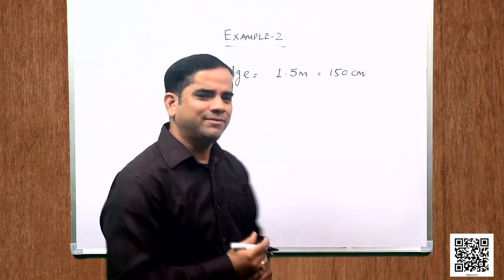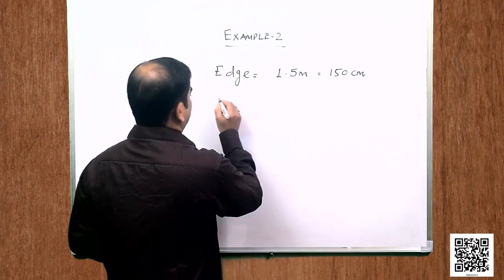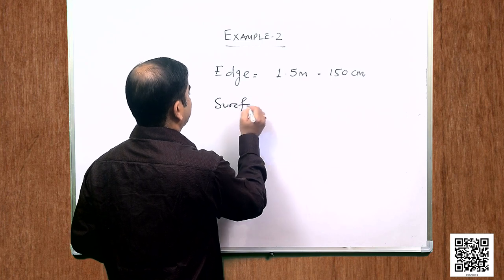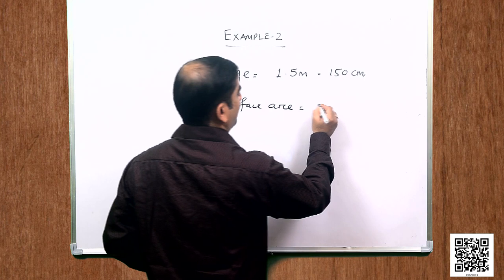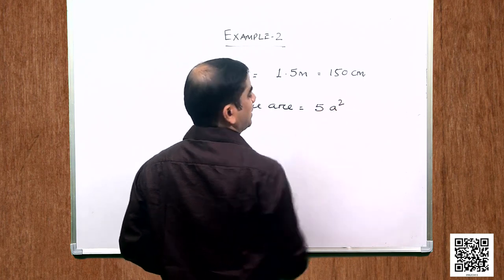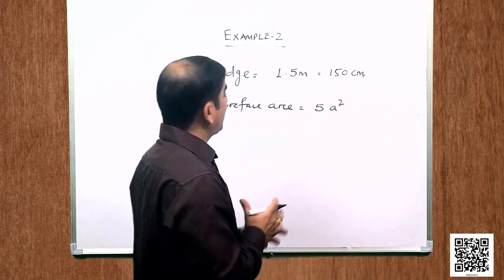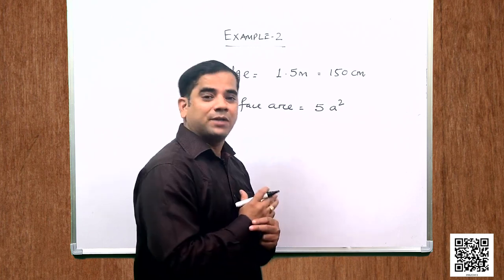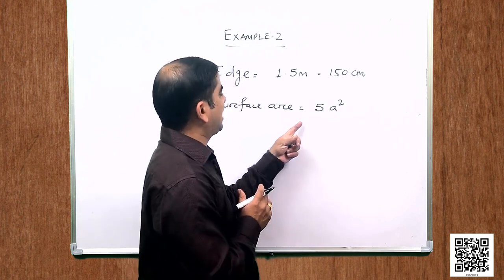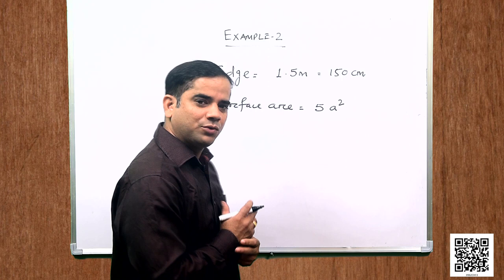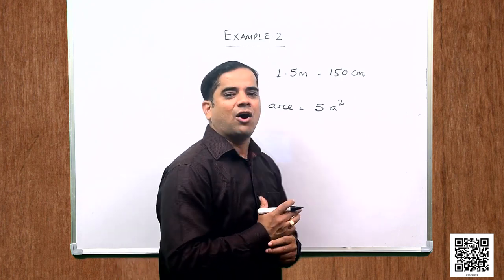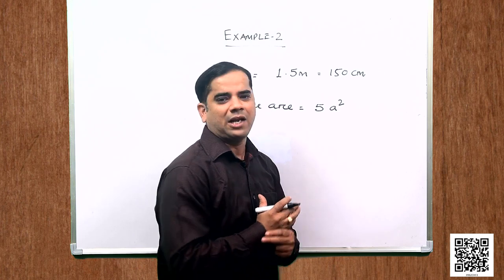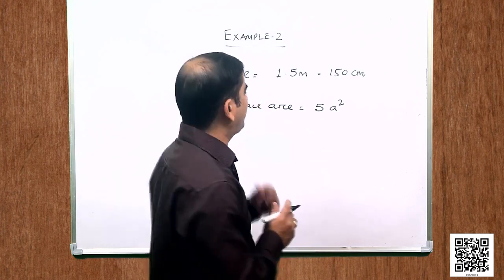Surface area of the tank is equal to 5a square, because we are going to cover 5 surfaces of the tank. As we have already discussed, each surface of a cube has area a square. So, 5 surfaces means 5a square.